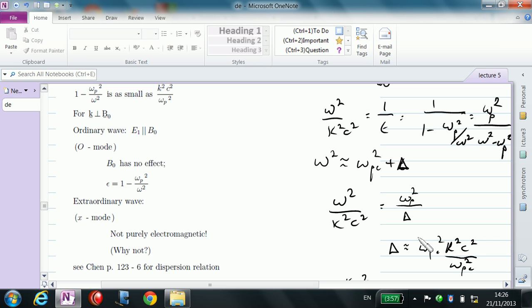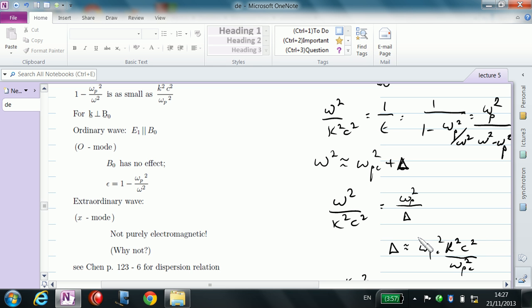So you can visualize the connection between an electromagnetic wave where epsilon is slightly above zero and an electrostatic wave where epsilon is exactly zero. One is the limiting case of the other.